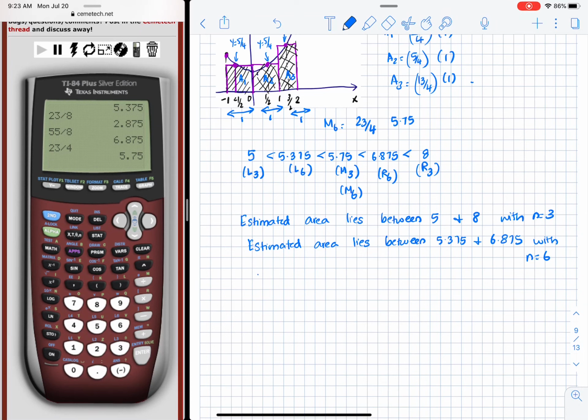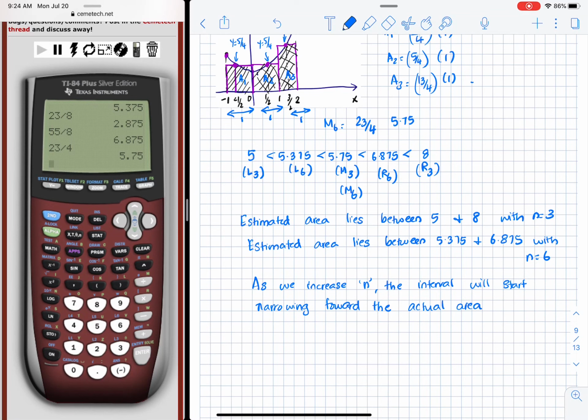And if we keep on going, and as we increase n, what do we expect to happen? The interval will start narrowing toward the actual area.